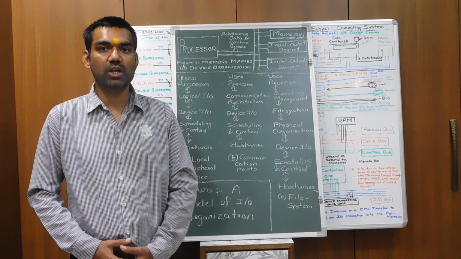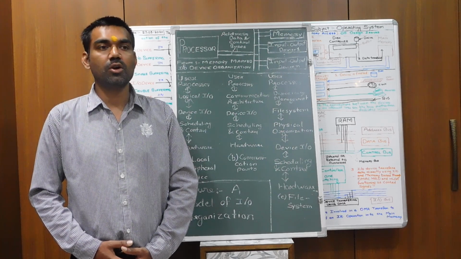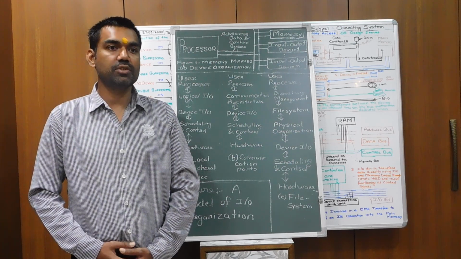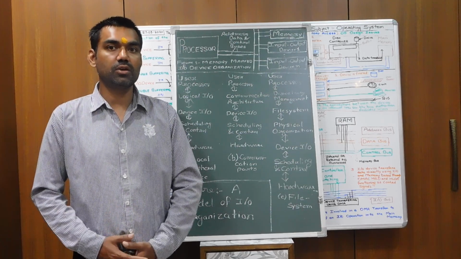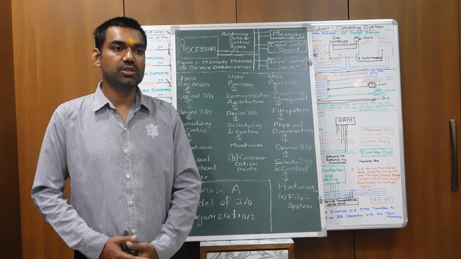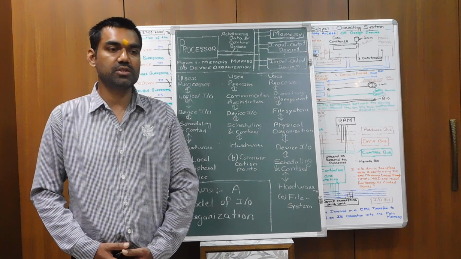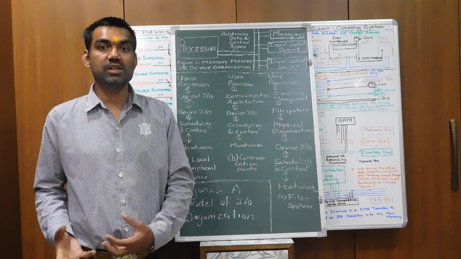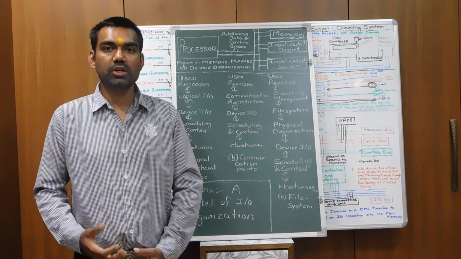So there are two aspects when you are thinking of organization of the functions associated with an I/O device. The first step is thinking of the I/O device, and the second step, which I just specified, is how the I/O device is interfaced with the other components of the computer system.